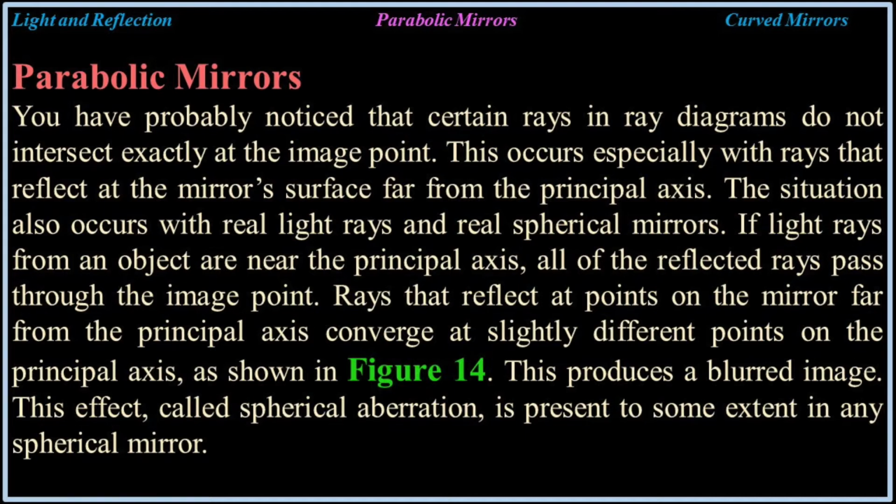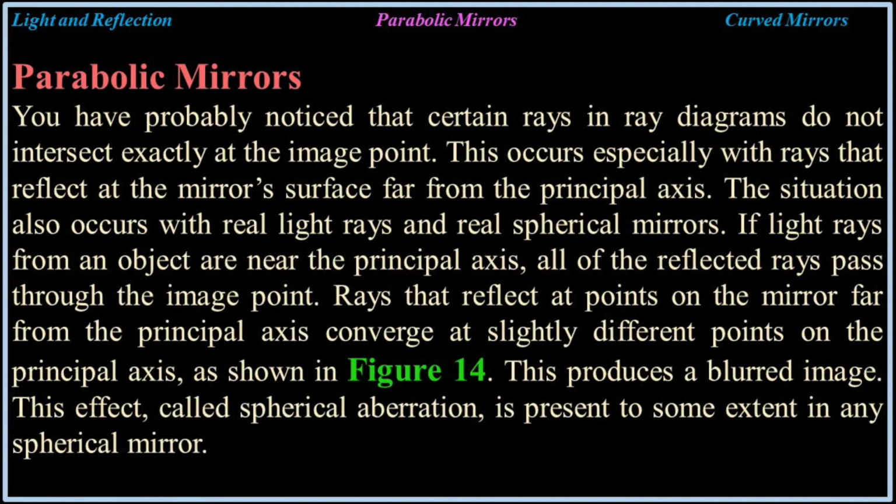If light rays from an object are near the principal axis, all of the reflected rays pass through the image point. Rays that reflect at points on the mirror far from the principal axis converge at slightly different points on the principal axis as shown in figure 14. This produces a blurred image.